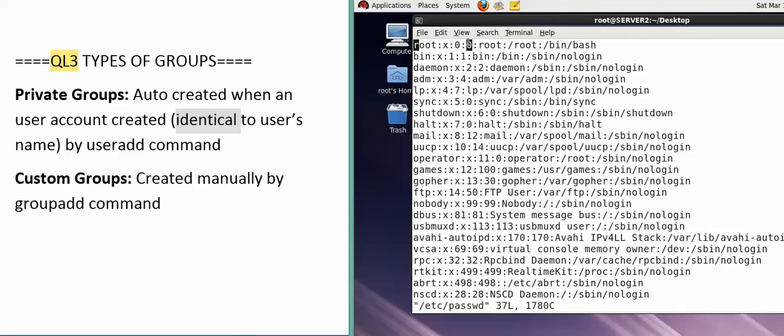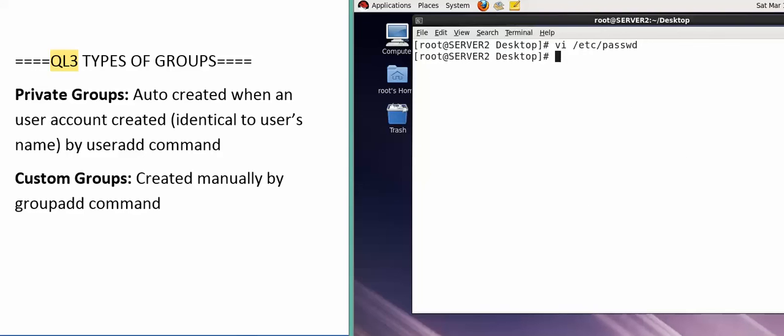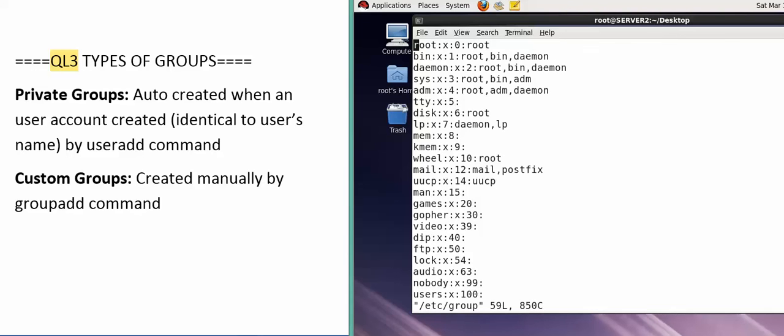So where is the root name here? It is not available here, right? Let's see the root group which is stored in another file called /etc/group. Yes, this is the group name.